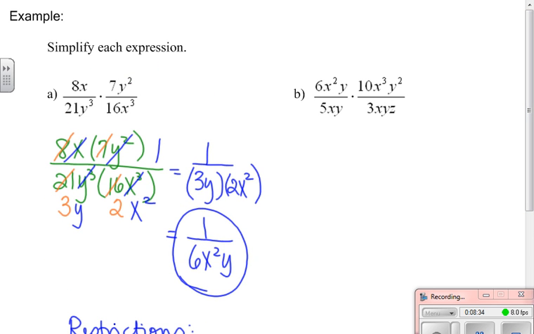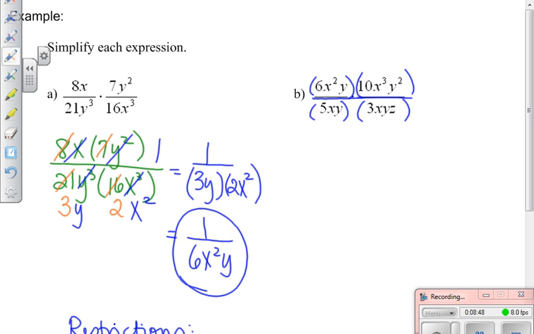Got an additional example here. If you want to go ahead and assume, we can do like this, save ourselves a writing step. As long as it's multiplication, we can go ahead and do this. Now there's no sense in saying x squared in order to cancel, but if I have two x's, they will cancel with two x's. I have one y and one y, that cancels. I have one y here and 2 there, that's going to leave 1.